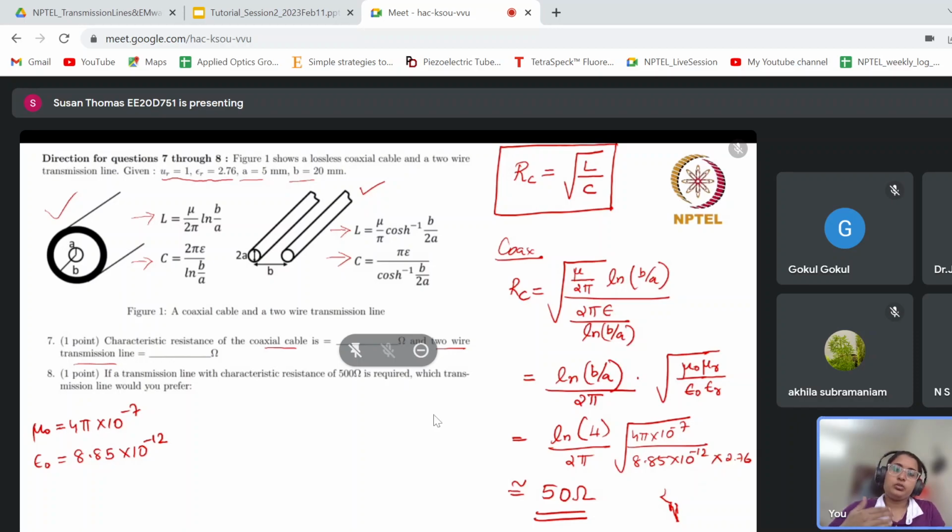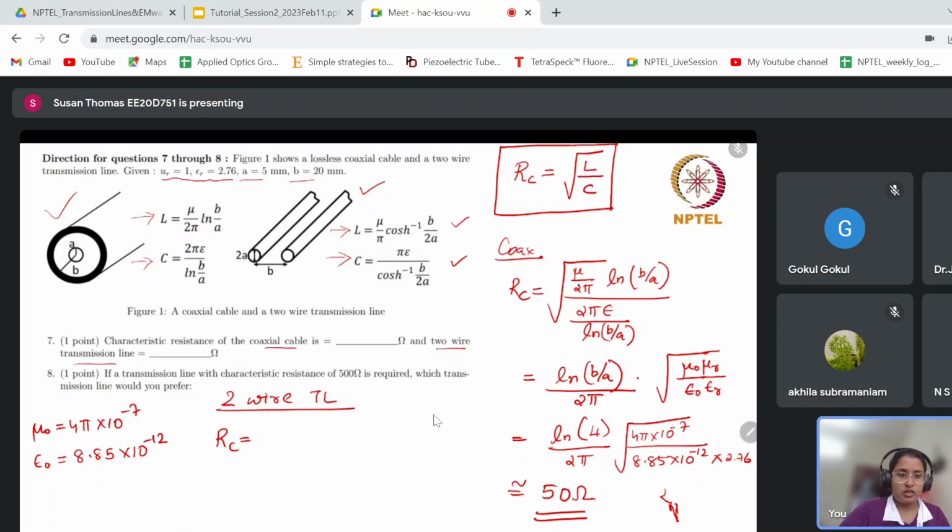Now, can we do the same for a two-wire transmission line? So Rc will be root of L by C, taking these equations into account. So let us write it down.